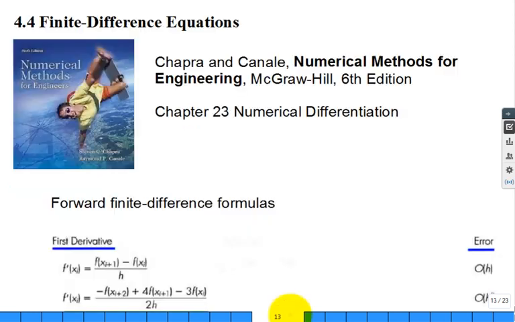Okay. Now we take on numerical methods. The finite difference equation, in response to having taught this before and students telling me, no, we never learned that, never saw it. How many people have seen this book? Chapra and Canale.